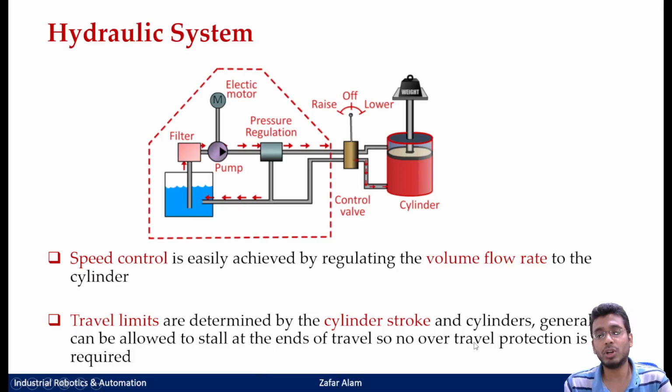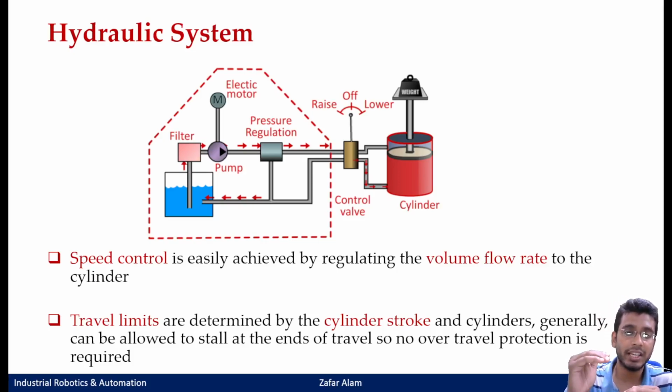Second, end of travel or no travel protection is required. As in the electrical circuit, where you had to apply overload protection to the motors, similarly, suppose this arrangement gets stuck. When your cylinder was extending, it only extended up to say 50% or 60% of the limit, and it got stuck.